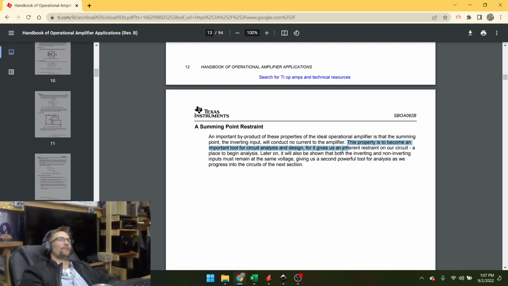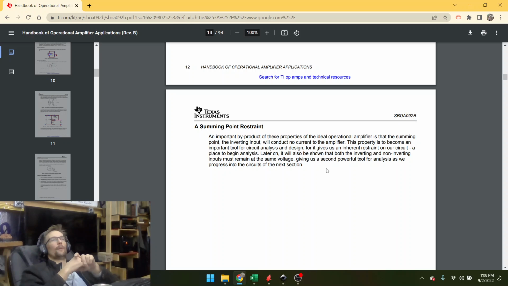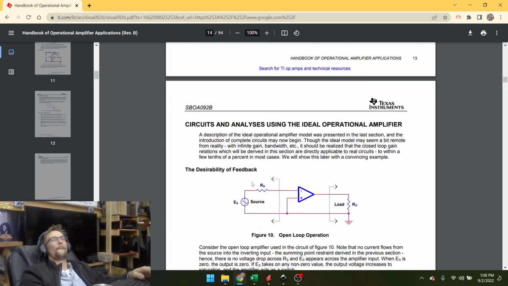This property is to become an important tool for circuit analysis and design, for it gives us an inherent restraint on the circuit, a place to begin analysis. Later on, it will also be known that both the inverting and non-inverting inputs must remain at the same voltage, giving us a second powerful tool for analysis as we progress into the circuits of the next section.